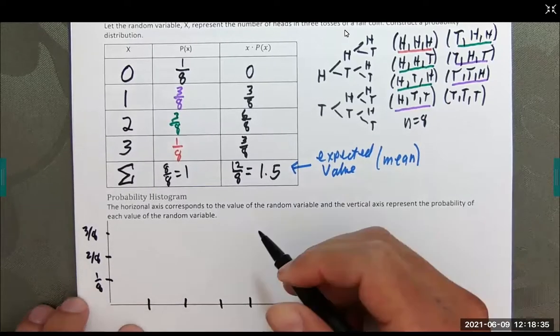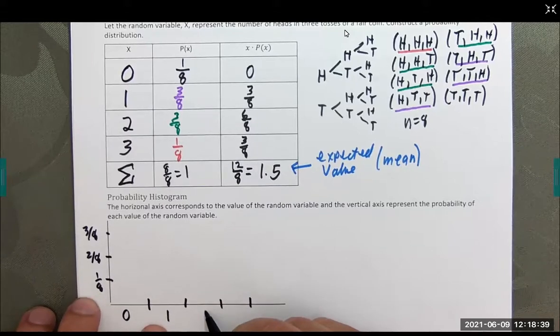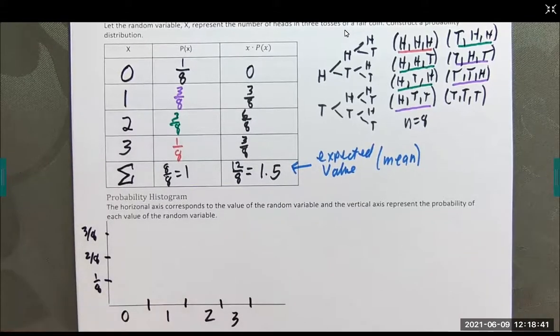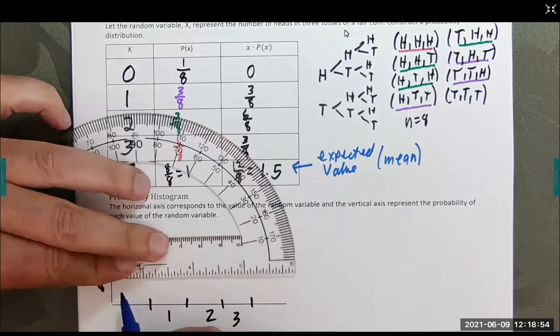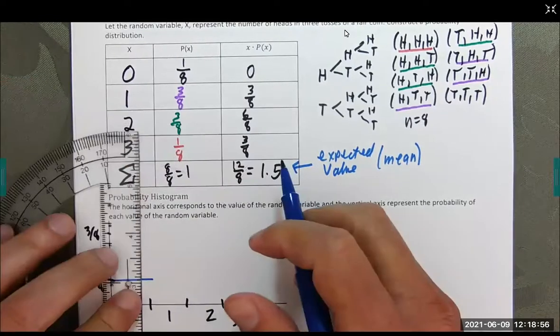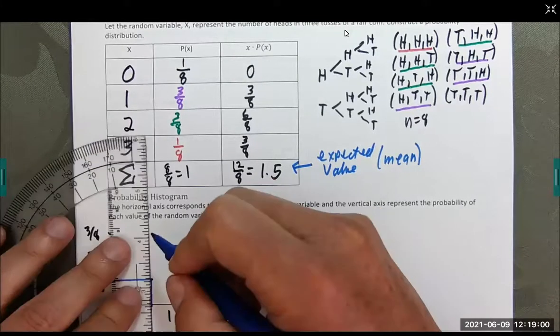So this will be 0, this will be 1, this will be 2, this will be 3. What we're going to do is, to get a 0, there's a 1/8. To get 1, there's 3/8.